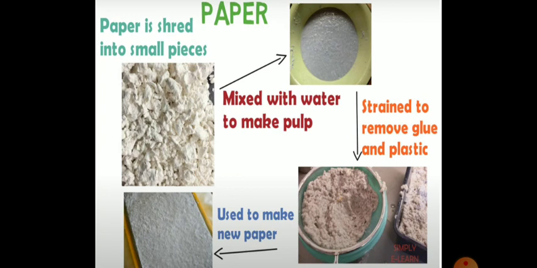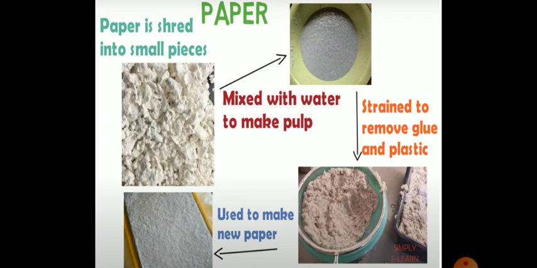Then we will spread that paste on the wire mesh, or on the frame. Through the mesh, the excess water will drain, and after that, we will leave the paste for drying.